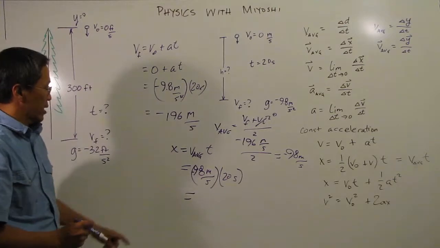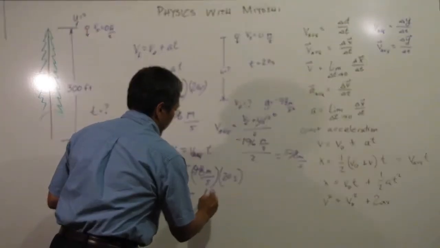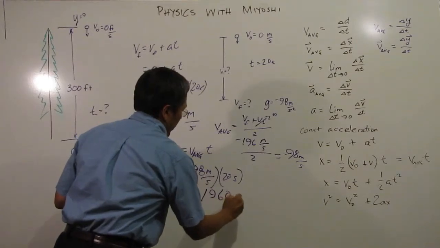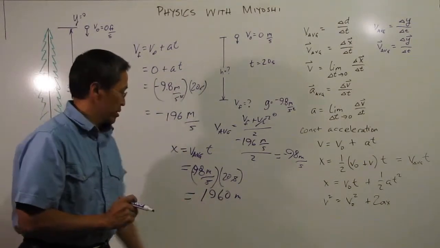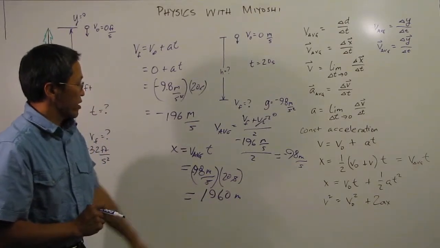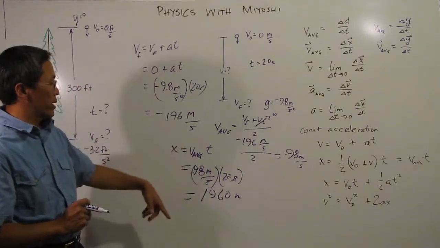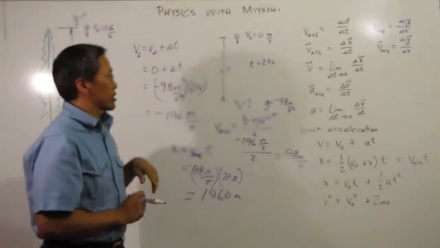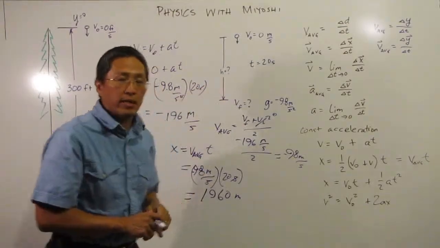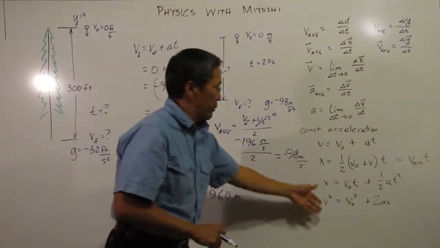And we end up getting 1,960 meters, which is a long distance. It's over a mile, and that would be the distance an object would travel with no air resistance if it fell for 20 seconds. So you can see that these equations come in very useful.